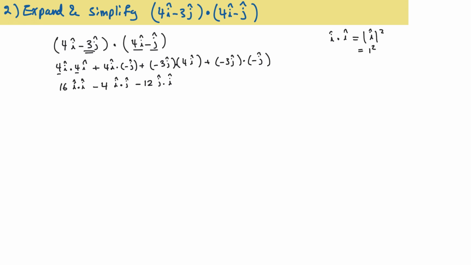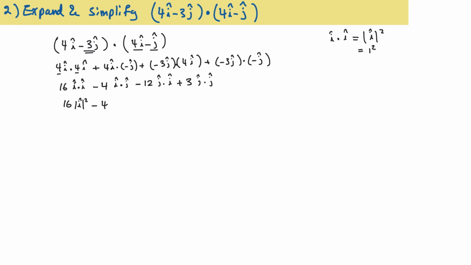And then I have -3 times -1, which is plus 3. And then I have j dot j.